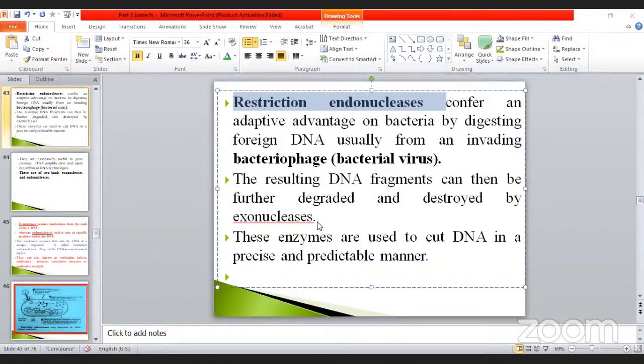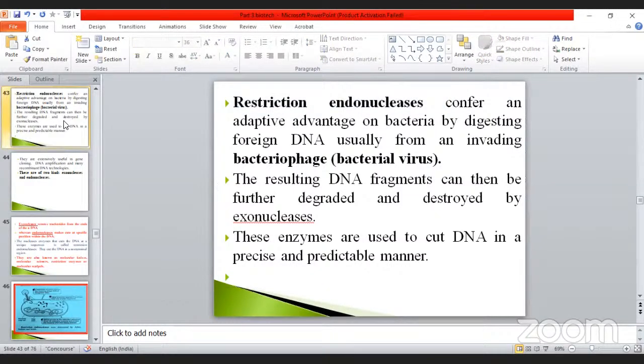The endonucleases completely degrade the molecules, and the exonucleases send them out. These enzymes are used to cut DNA in a precise and predictable manner. So this is the important thing. Let us go to the next one. Do you understand this part, my dear Dhanalakshmi?